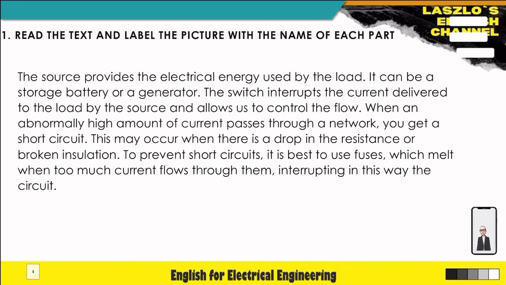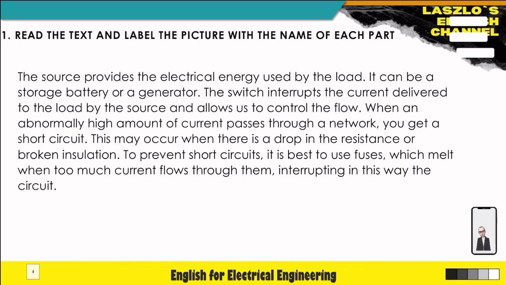The source provides the electrical energy used by the load, and it can be a storage battery or a generator. The switch interrupts the current delivered to the load by the source and allows us to control the flow. When an abnormally high amount of current passes through a network, you get a short circuit.